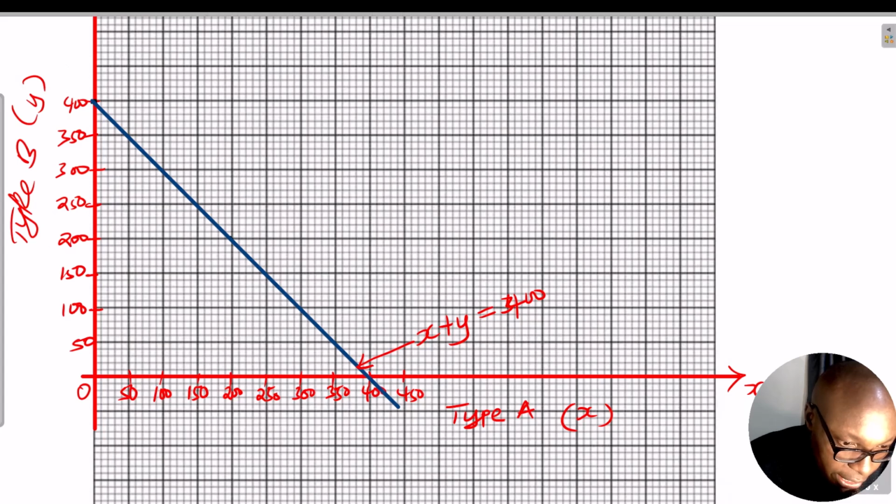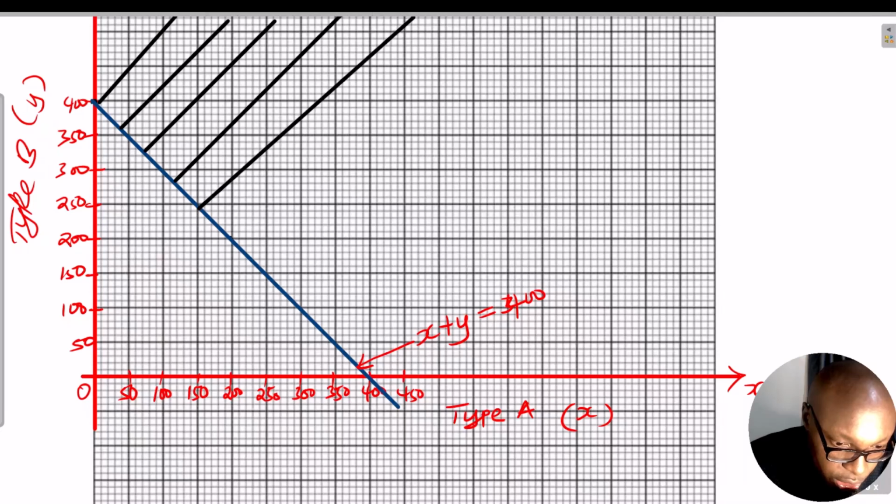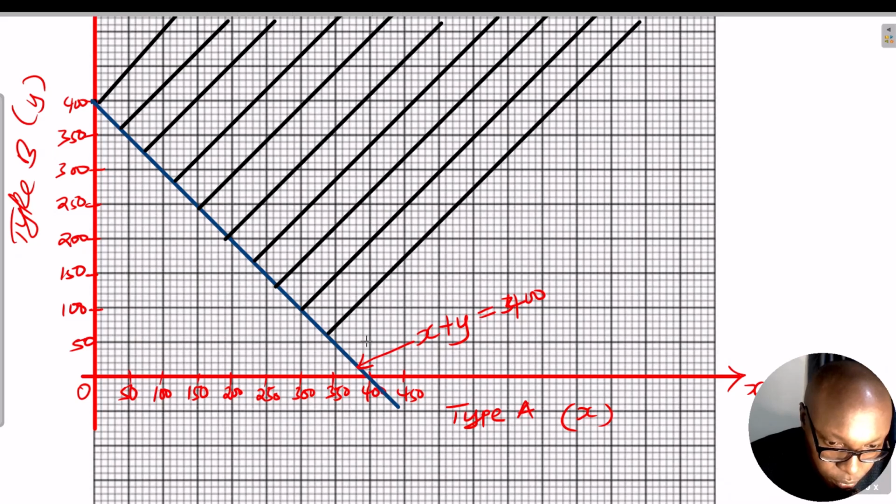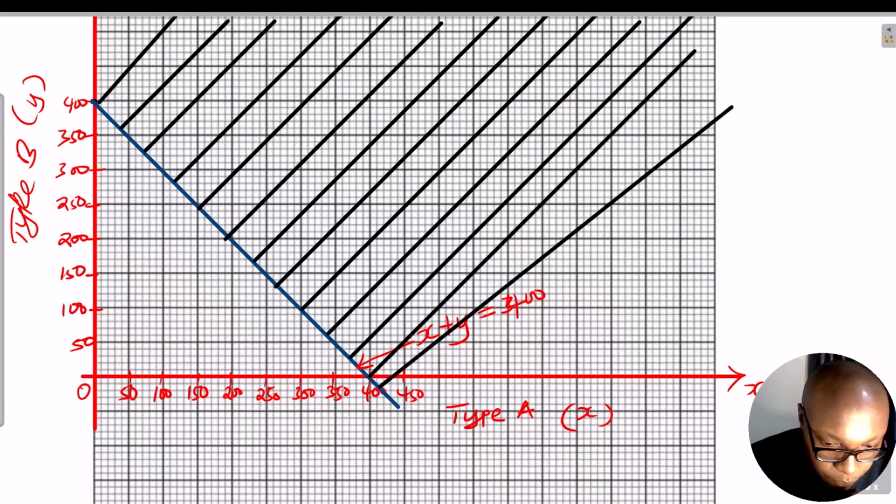Automatically the other side is the unwanted side. You shade the unwanted side like that.